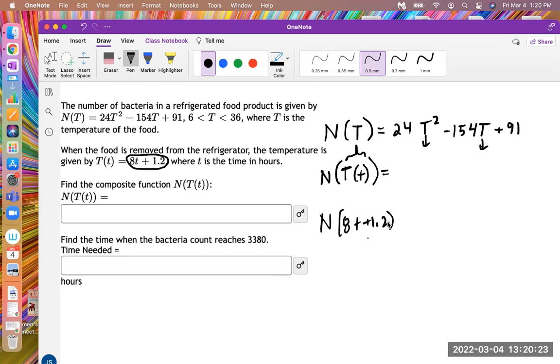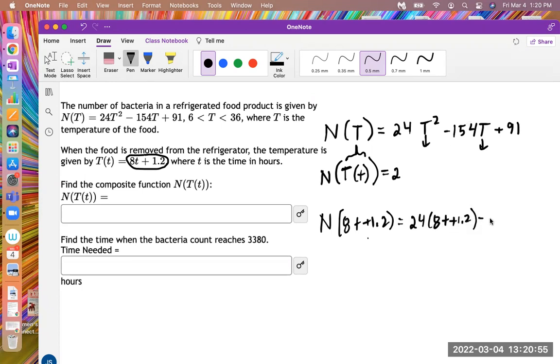I'm plugging in a whole expression for a single variable, because this T is just the funnel, the waiting place waiting to receive something, right? So I'll write it down here. It's the 24, and in for T, I'm going to plug in 8t plus 1.2.